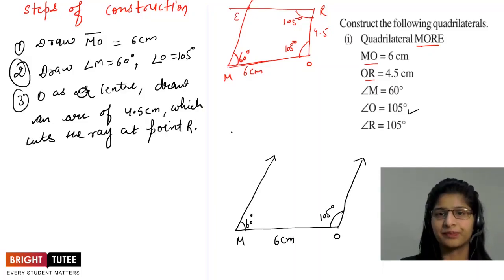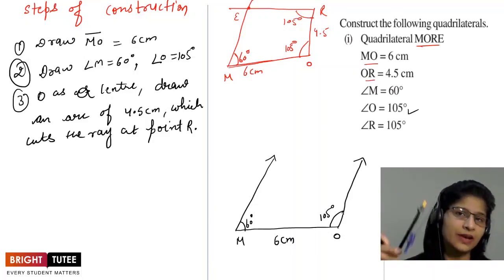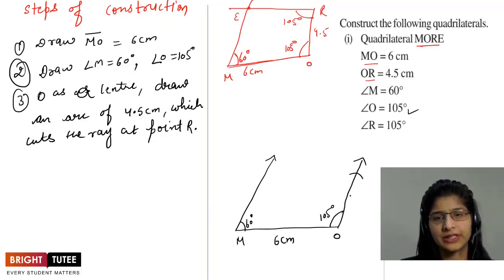At R, because OR is 4.5. So from point O you will open the compass of radius 4.5 using your scale, and you will draw one arc from point O as 4.5. Suppose it is here, and this point is our R, right? And this measurement is 4.5 centimeter.